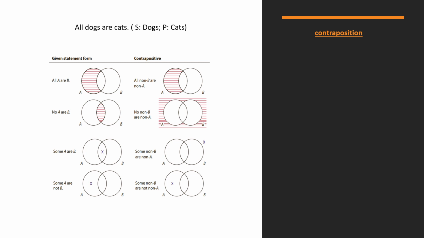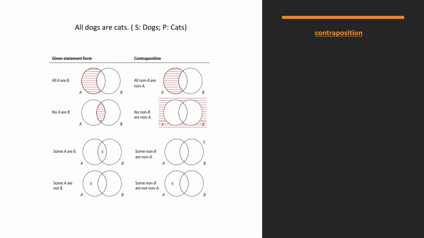No A or B, no non-B. These are regions outside the circles, right? Outside the circles. No non-B, non-A. They refer to the external limits of the classes here in the Venn diagram, but they can only refer to the circles indirectly.